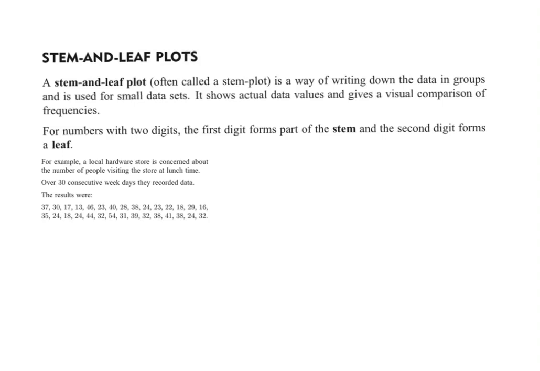The first digit forms the stem, and the second digit forms the leaf. So I'll show you what I mean by that. We just draw a T chart, with our stem on the left and our leaf on the right.